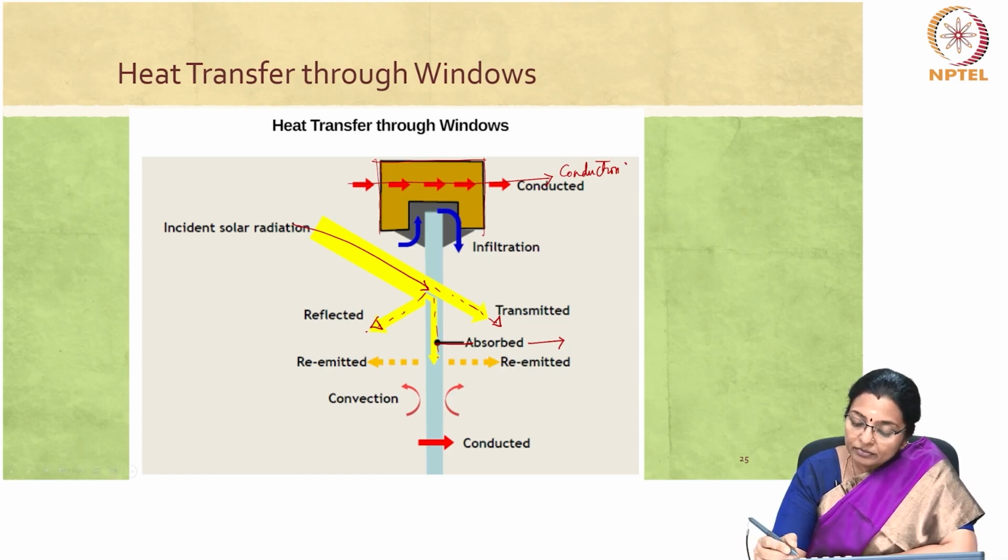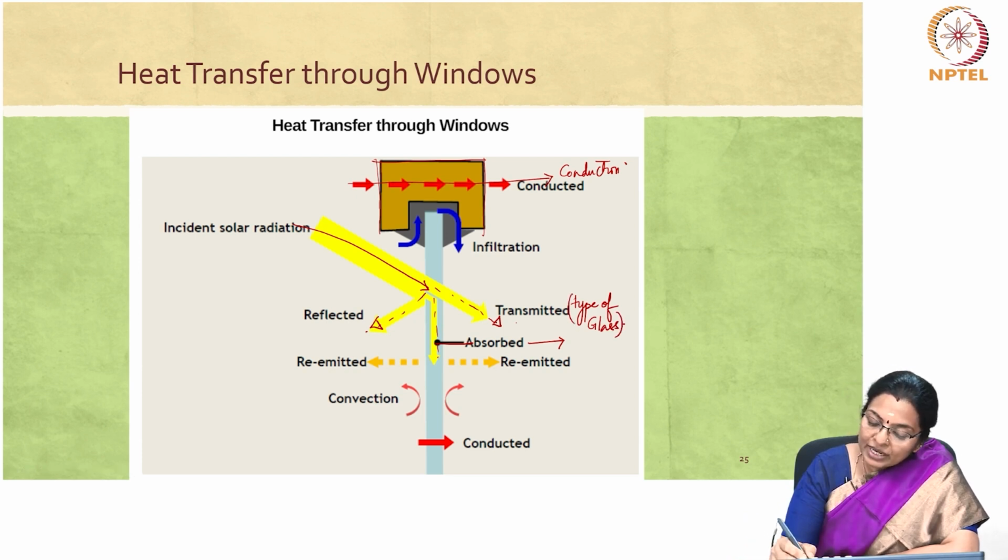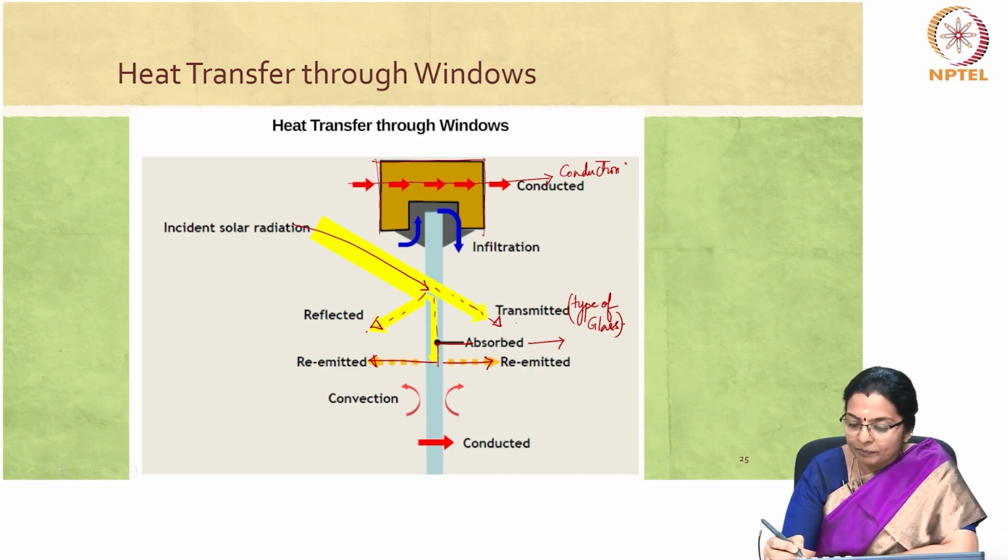So, this percentage of transmitted rays, reflected rays or absorbed rays depends upon the type of glass. So, the nature or type of glass is important for this. This absorbed radiation is re-emitted partly inside and partly outside.